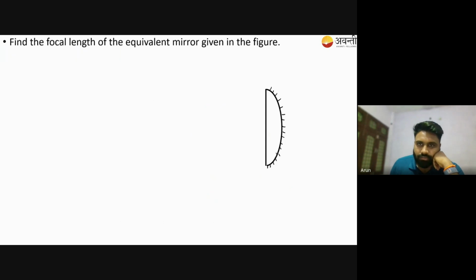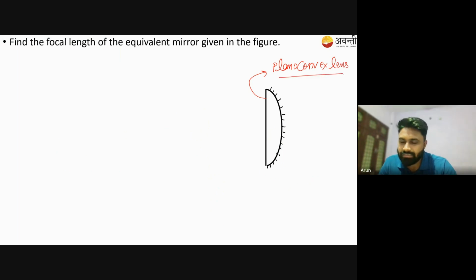Here is a numerical example. Find the focal length of the equivalent mirror given in the figure. Here this is the plano-convex lens. One surface is plane, another surface is curved, convex. Here you will see we have silvered this.